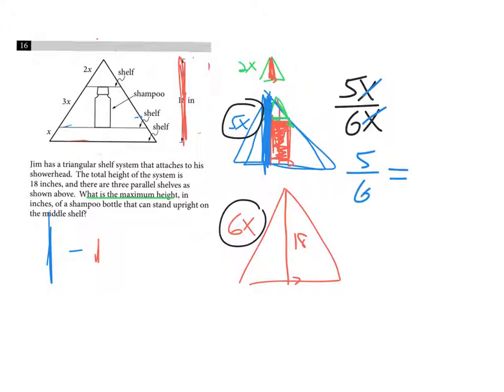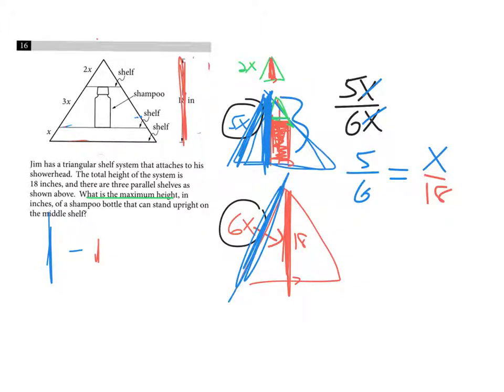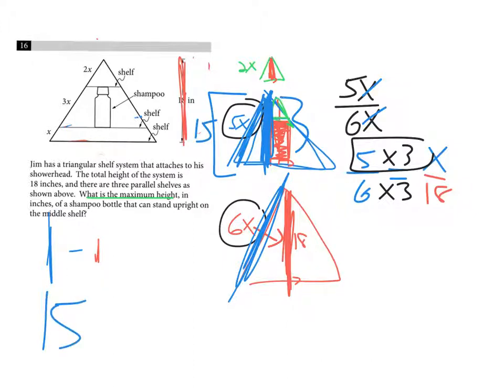So I'm going to set up the proportion 5 to 6 is the same as the blue height to the red height, or x to 18. Since 6 times 3 is 18, the height of the blue triangle is going to be 5 times 3, or 15. So the height of the blue triangle is 15.